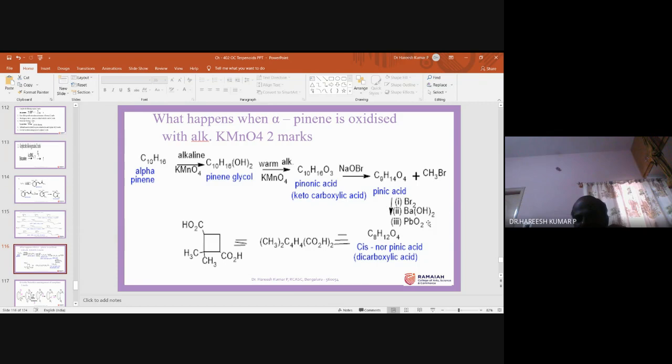Of course, maybe you can write up to this, because up to this only KMnO4 is used. From here it's sodium hypobromite. If you want to write in terms of structure, you can write up to the ketocarboxylic acid formation. So with this I will go to the next question.